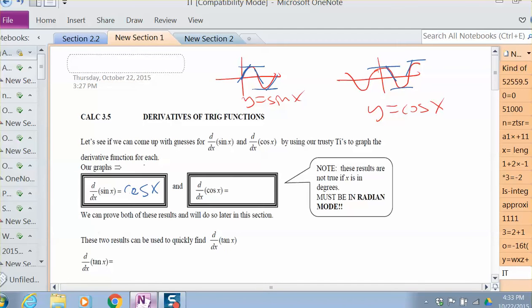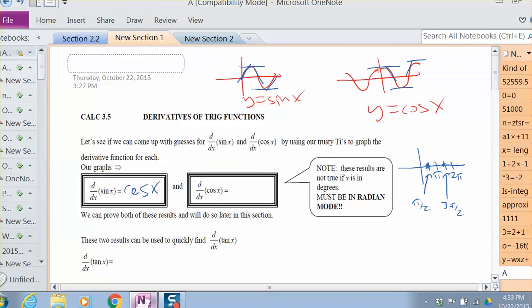Why? Well, here's pi, 2 pi, pi over 2, 3 pi over 2. So we know that we have a horizontal tangent at pi over 2 for sine. We have another horizontal tangent at 3 pi over 2 for sine.